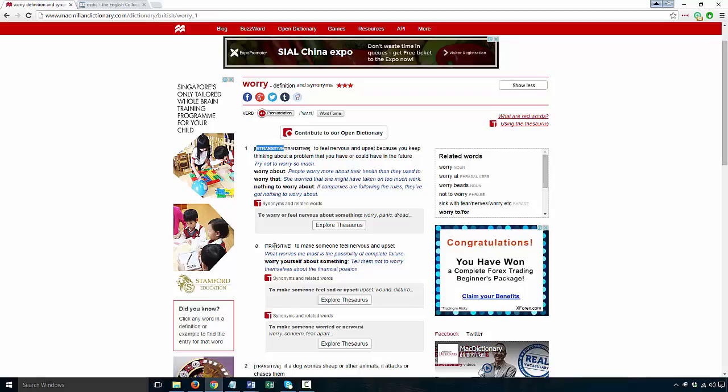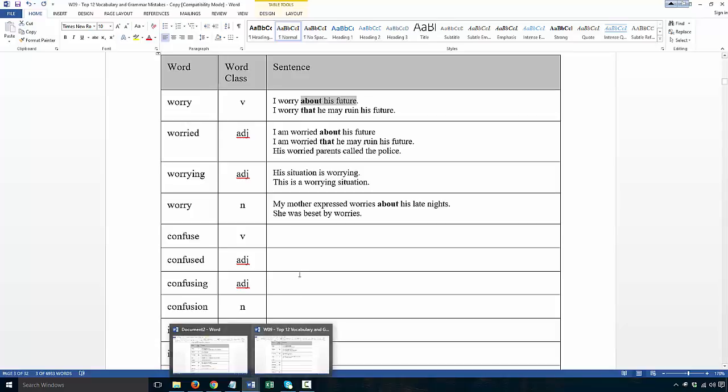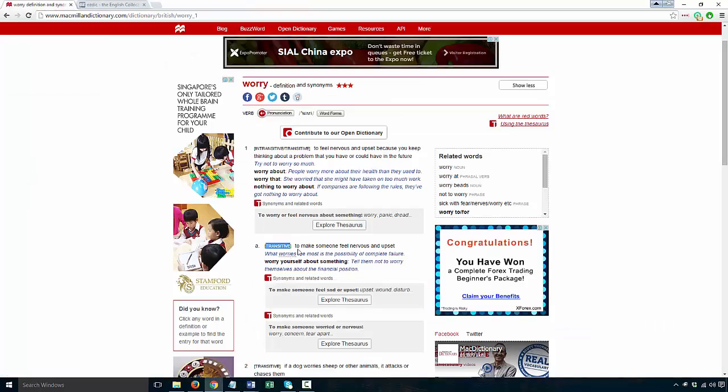But here we're using it in a transitive way, and it has a slightly different meaning. Remember, I just said the way we're using it is I is a person, and then you have the future as the thing that you're worried about. But the other way of using it is to make someone feel nervous or upset. So the way it's used is something worries someone.